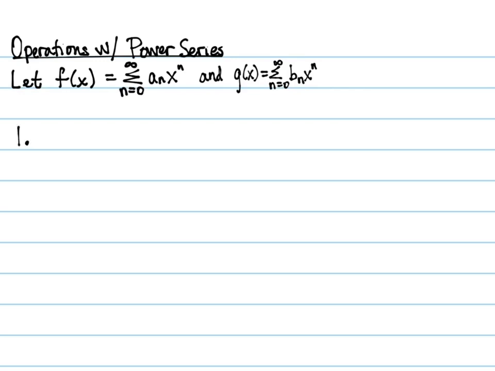The first fact is that if I have a function of k times x, and I were to distribute this through, this summation would be n equals 0 to infinity of a sub n, k to the n, x to the n. Which should seem reasonable. If I replaced x with k times x, both the k and the x would be raised to the power of n, right?